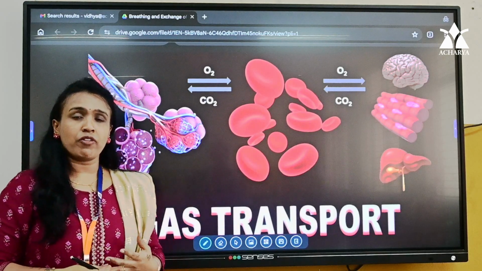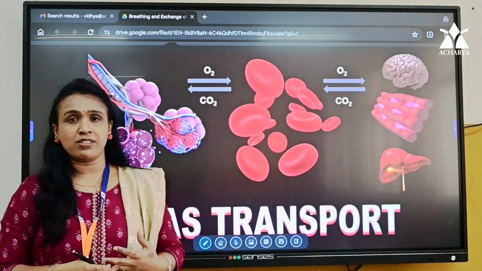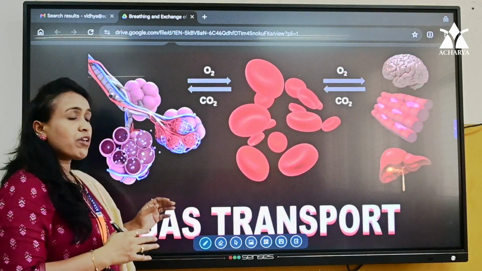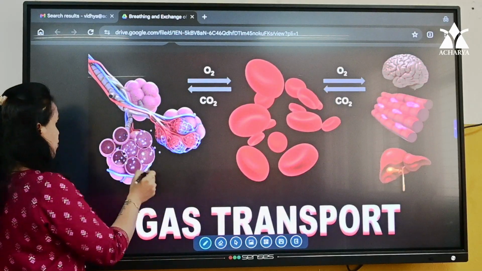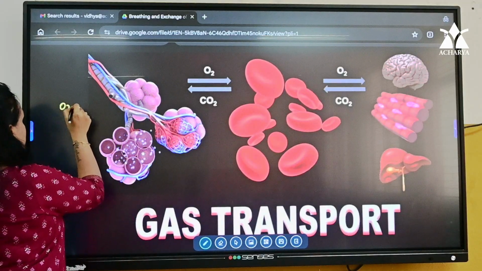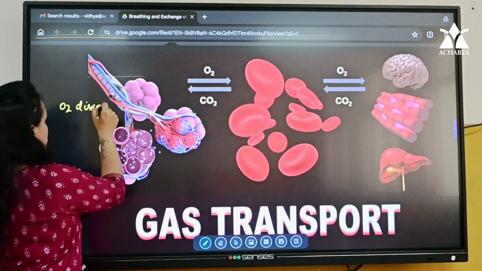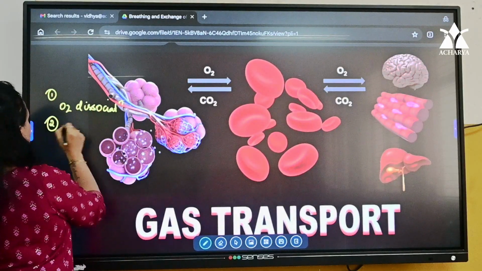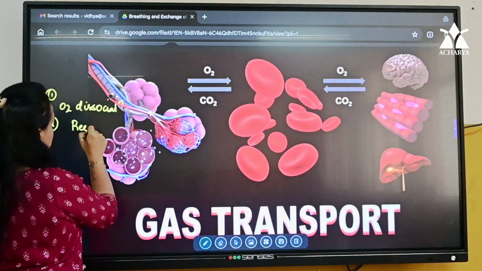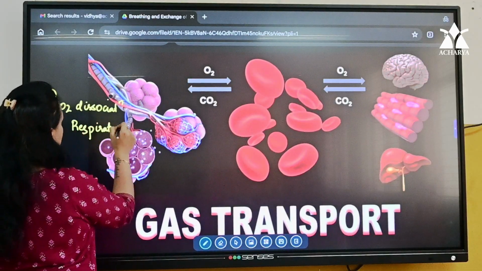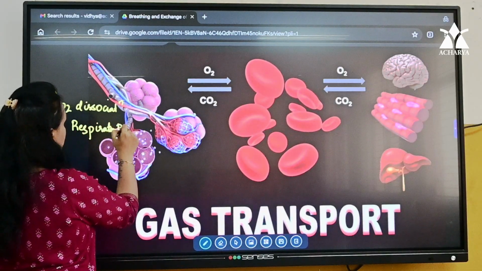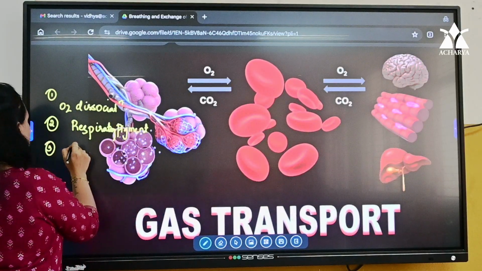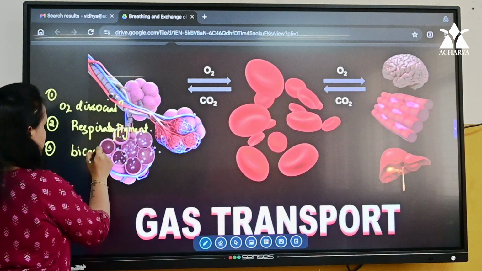In today's topic, we will be studying transportation of gases, that is oxygen and carbon dioxide. In this topic, we can expect questions from the oxygen dissociation curve, which is very important for NEET, and respiratory pigment, and bicarbonate.